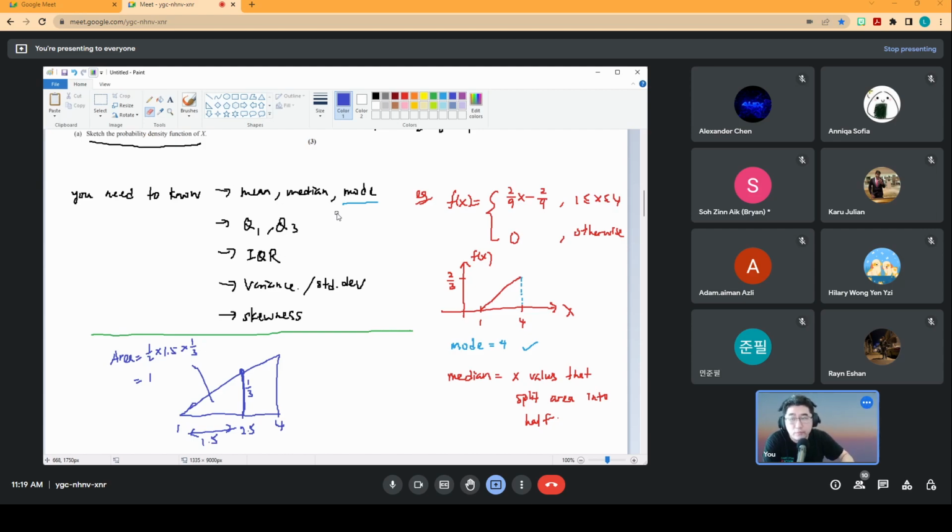Oh, sorry, I went and multiplied by the 2. So 1.5 divided by 2 divided by 3, I have 1 over 4. So is it half? It's not half. Therefore, 2.5 is not the answer.